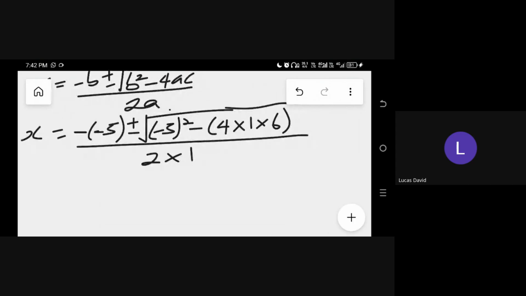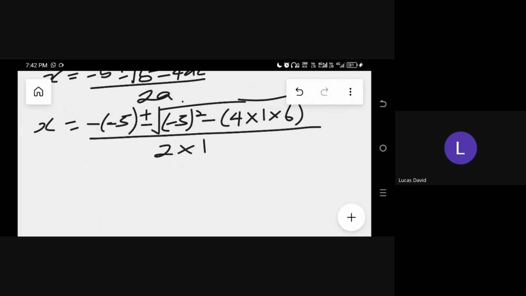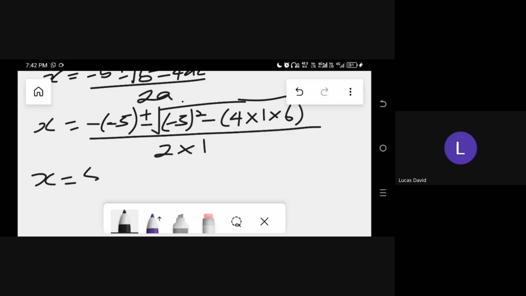When you're done with this, S is equals to minus times minus becomes positive. That minus bracket minus 5, minus times minus becomes positive. So this is positive 5 plus or minus. Then here, most students make a mistake when they are finding the square of a negative number.